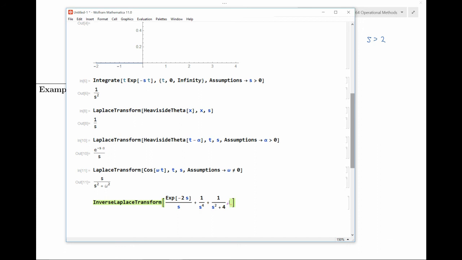Well, this is in terms of s, and we need a function in terms of t. And the result is exactly the same.